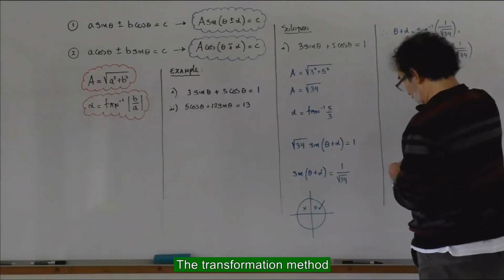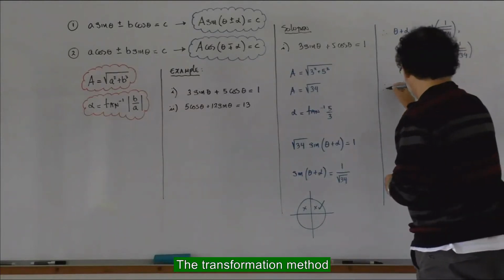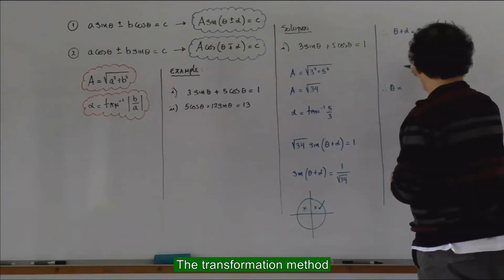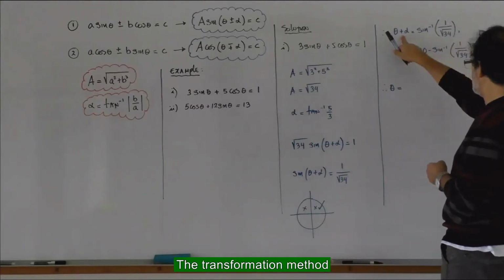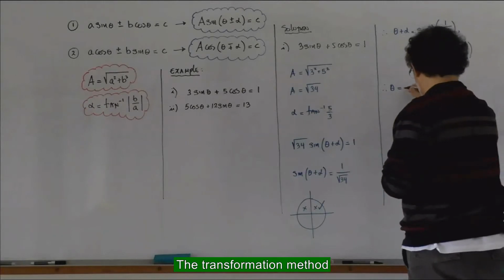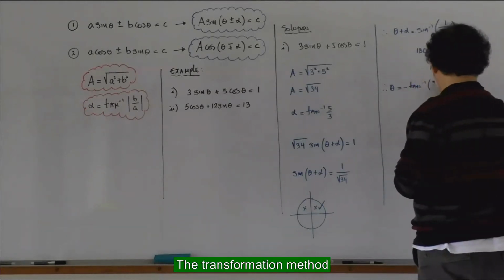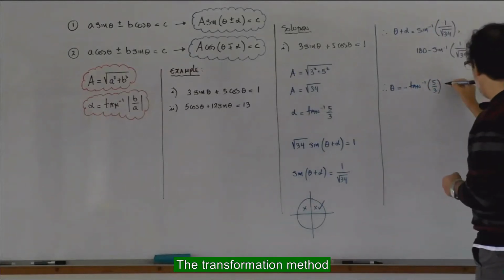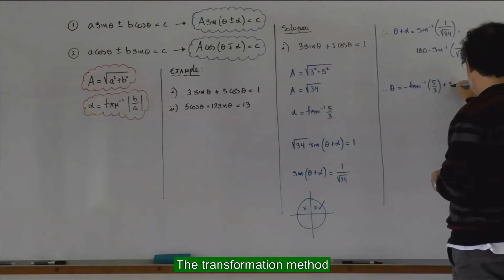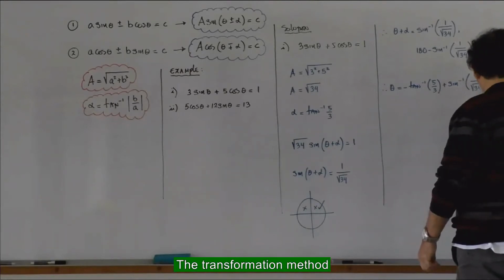Now we can substitute alpha. We're going to say that theta is equal to, well, we have to move this across, so it's going to be minus alpha. So it's going to be minus inverse tan of 5/3, and then plus inverse sine of 1 over the square root of 34.